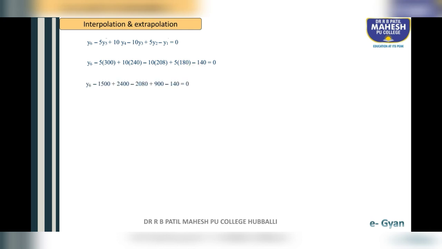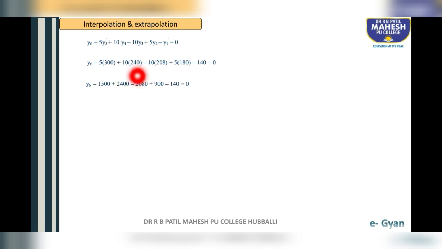From this step, substitute the values: y6 minus 5 into 300 is 1500, plus 10 into 240 is 2400, minus 10 into 208 is 2080, plus 5 into 180 is 900, minus 140 as it is.